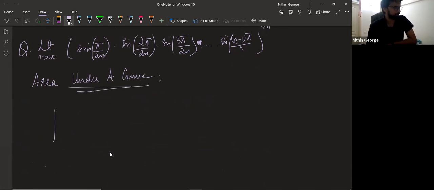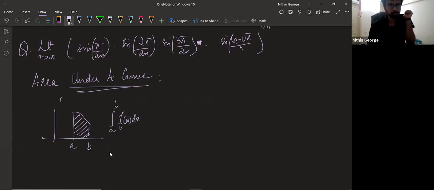Okay, so there's some function f of x, and you want to find this area from A to B. This is what you do, with respect to the x-axis.